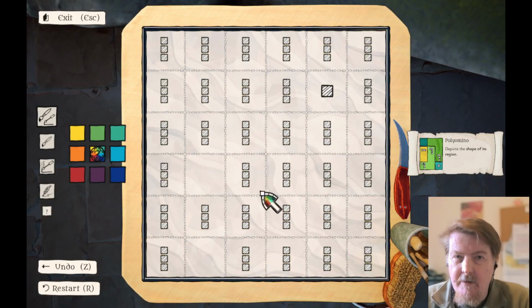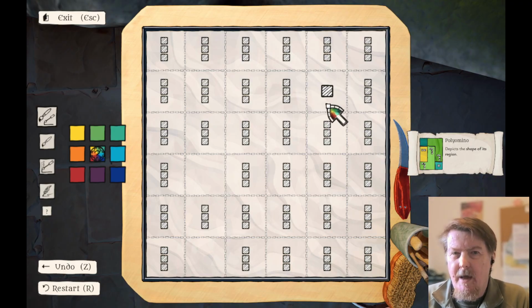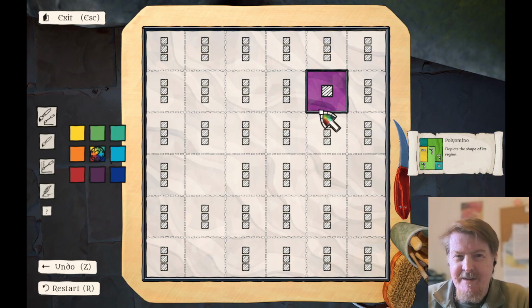Another one hiding down there. 54. And that one's easy.